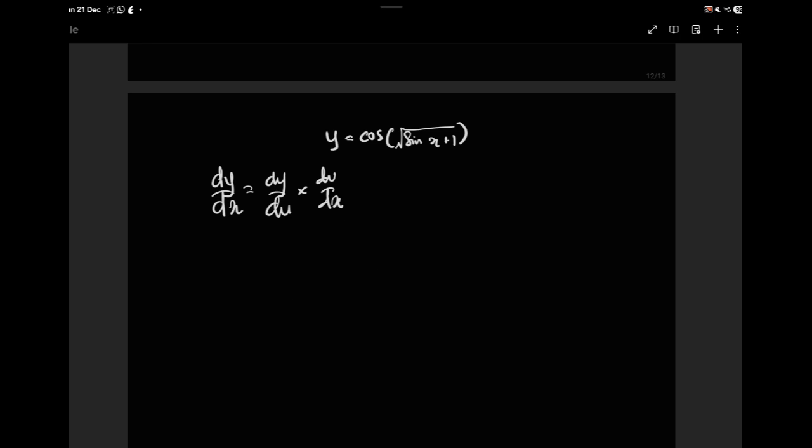So how to do it? In the chain rule, we always define an inner function in simpler terms. For this case, the inner function, the square root of sin x plus 1, can be defined as another term.